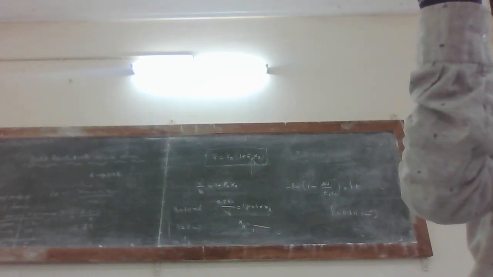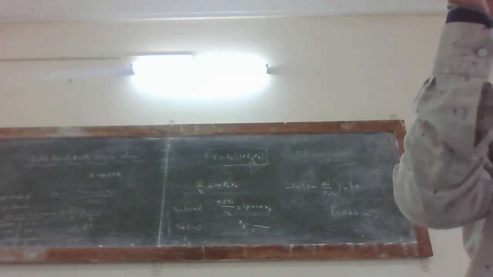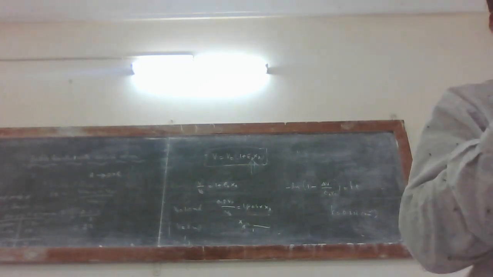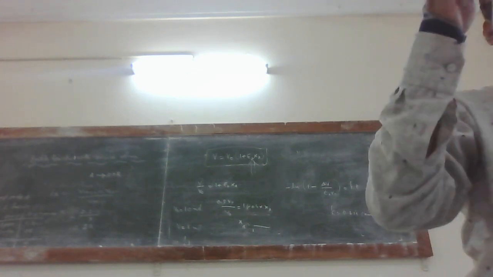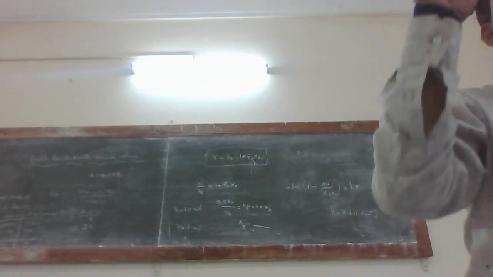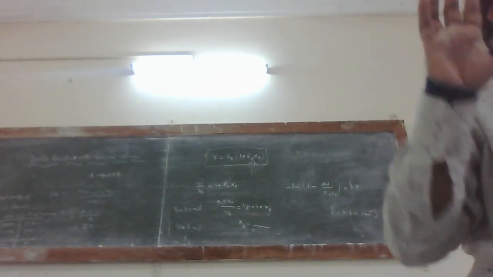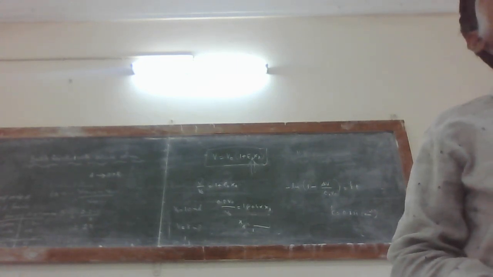Because if I know PA, I can calculate CA. If I know CA, from the expression for the first order constant volume case, minus ln CA by C naught equals K into T. From that I can calculate T, because he is asking the time. Understood?